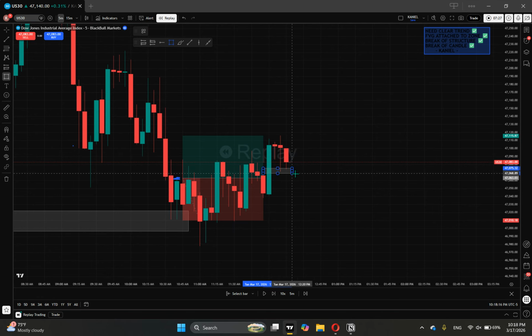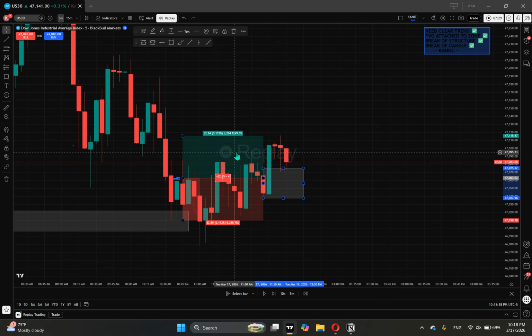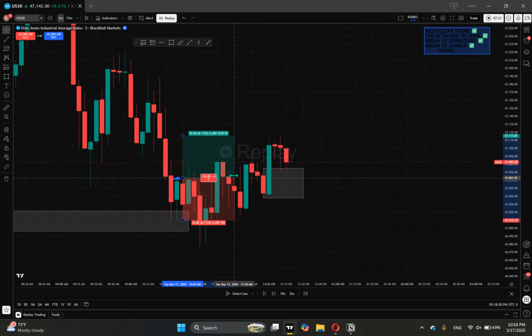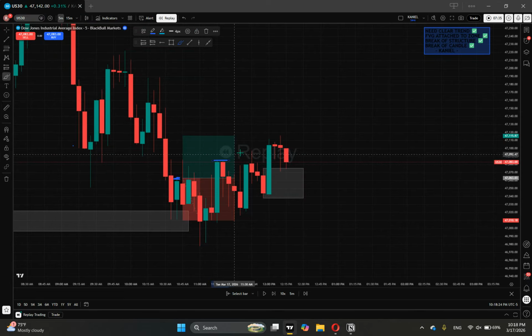So, what's the next demand zone? I got two minor breaks of structure. This was a high that price made before it came back into the zone.